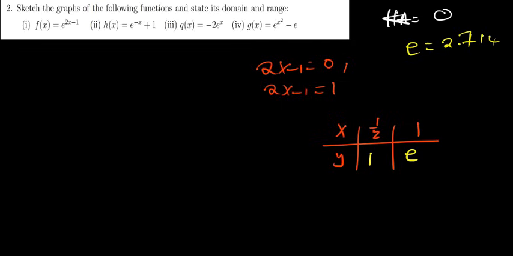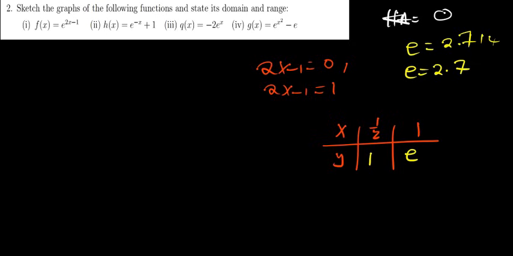Now using this, I believe you can go ahead and sketch using the previous example that I gave you. So let's go ahead and sketch. Just keep in your mind that e is approximately 2.718.